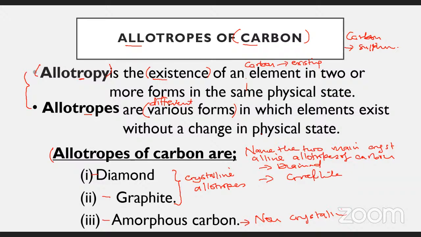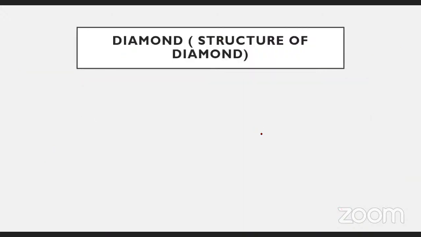So we move on. I hope now we can differentiate between the crystalline allotropes of carbon and the non-crystalline. So let's start with diamond. Let's look at diamond as a separate allotrope. Anybody who knows anything about diamond can share with us.